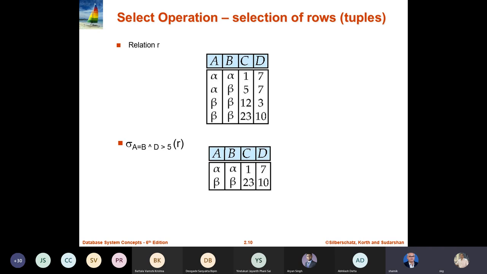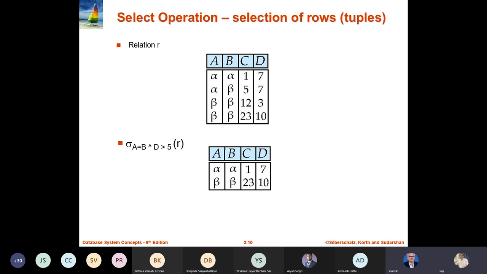Here, I am selecting where A equals B and D is greater than 5, so I end up with this particular result. This is a select query where a subset of the tuples or rows is generated as the output based on this condition.